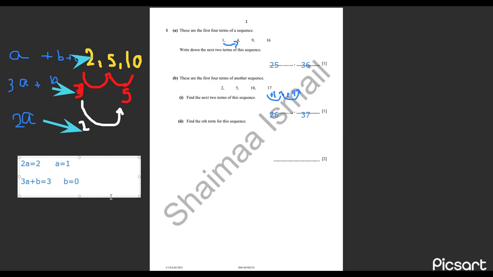Next, a plus b plus c equals 2. Here a equals 1 and b equals 0, so c must be equal to 1. So we have a equals 1 and c equals 1.